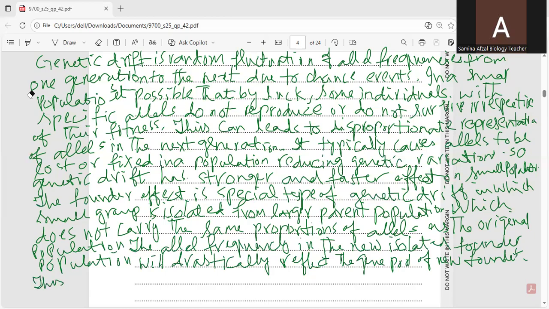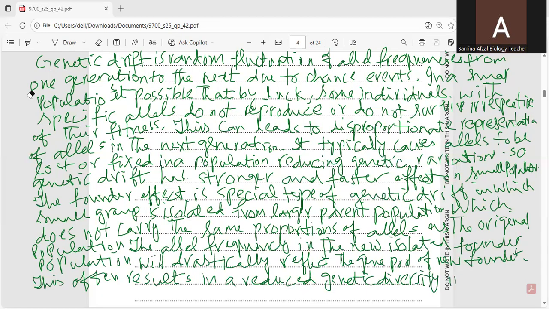This often results in reduced genetic diversity in the new population.